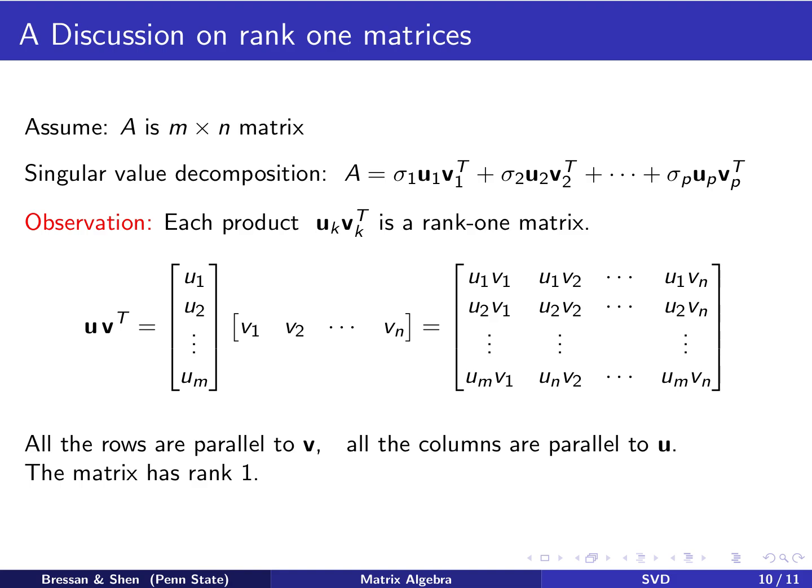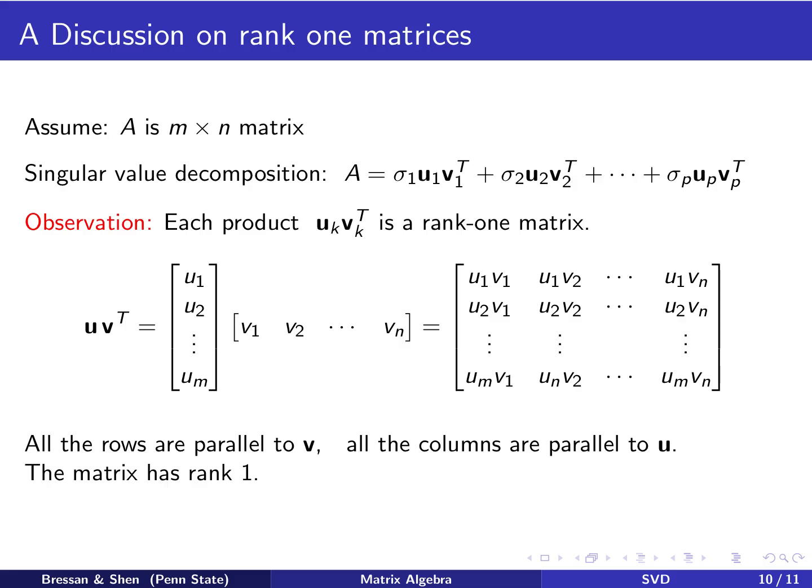Let's look at it. Let U be U1, U2 to Um, and let V be V1, V2 to Vn, and this is V transposed. Then this product gives you this n by n matrix, with each entry being U1 times V1, U1 times V2, U2 times Vn, and so on and so forth.